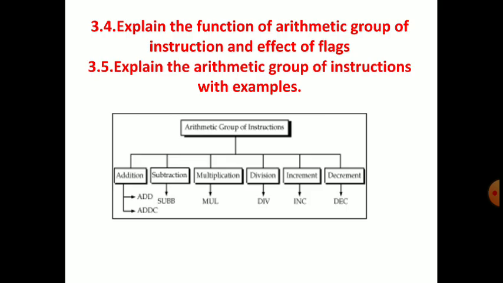Next we have moved on to the second topic of today's lesson, that is the arithmetic group of instructions. These are the second type of instructions in the classification of instructions topic.